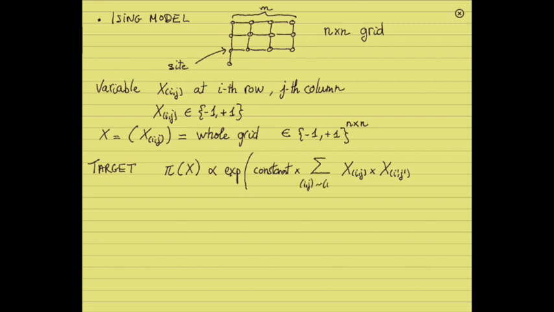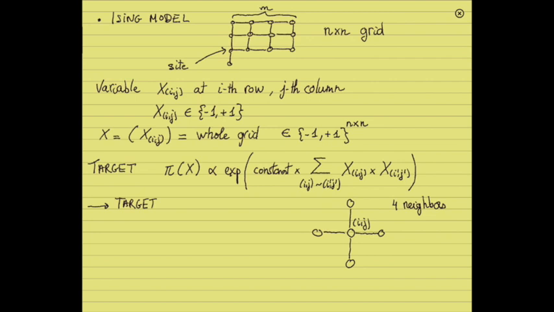So we multiply the values, which means that if they are the same sign, we get a +1. We get a -1 if they are of opposite sign. So for example, we can imagine that the site ij has 4 neighbors in this configuration. There are also one-dimensional or three-dimensional versions of this model with different numbers of neighbors.